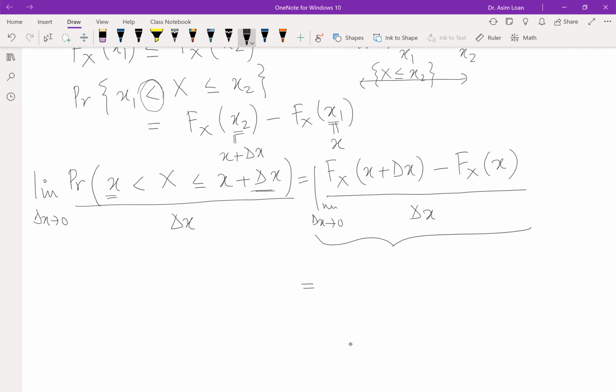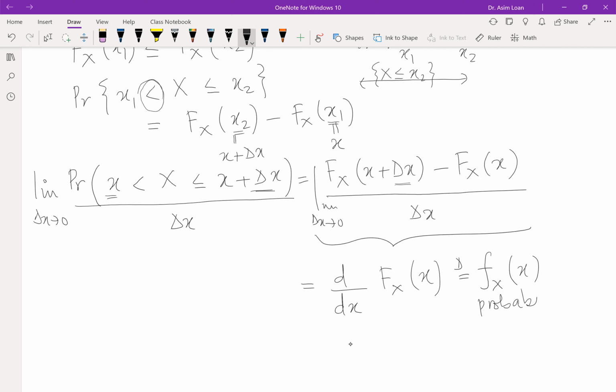This is the function at some small interval plus delta x, minus the function at the point, so it's a function over some small interval delta x. You divide by delta x and take the limit as delta x tends to 0. This is the definition of the derivative. Since this is the definition of the derivative, this is called the probability density function.